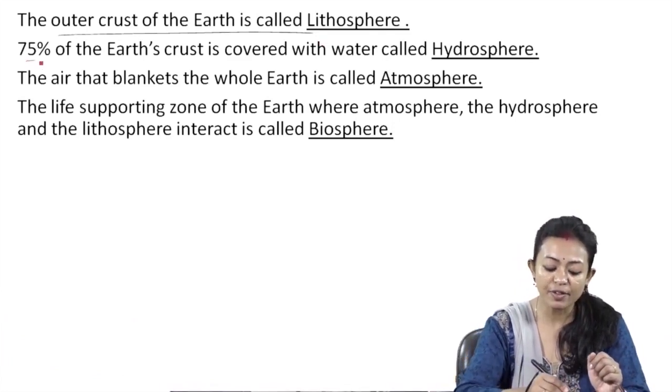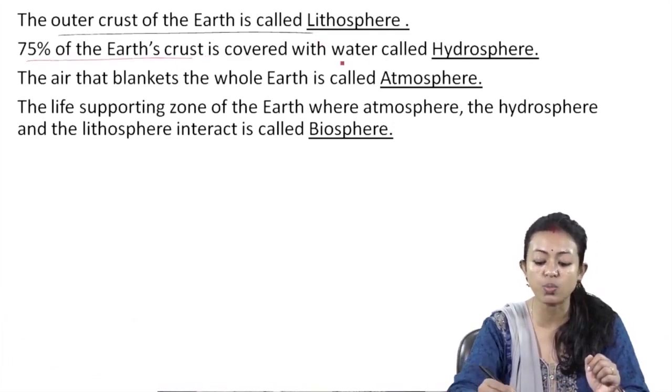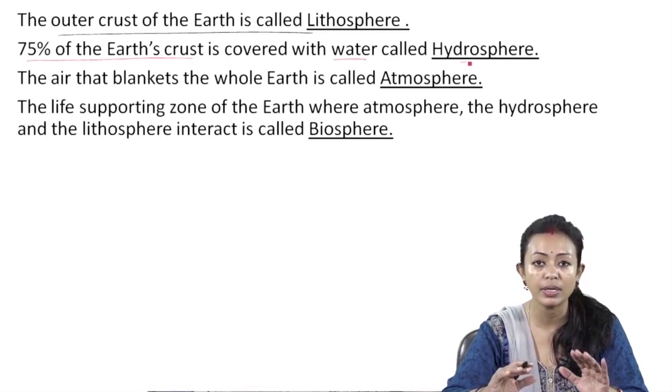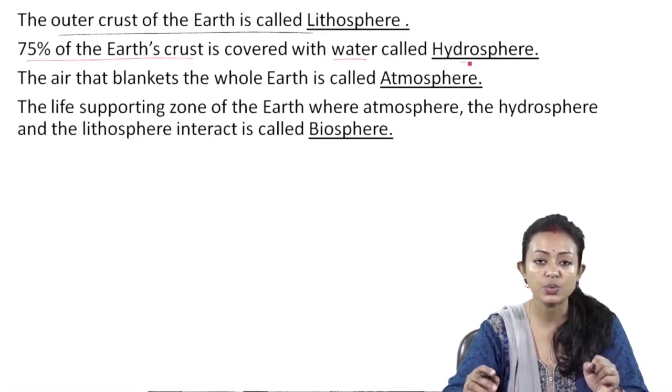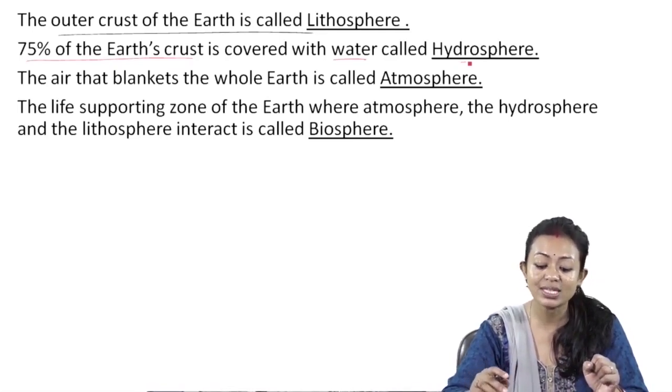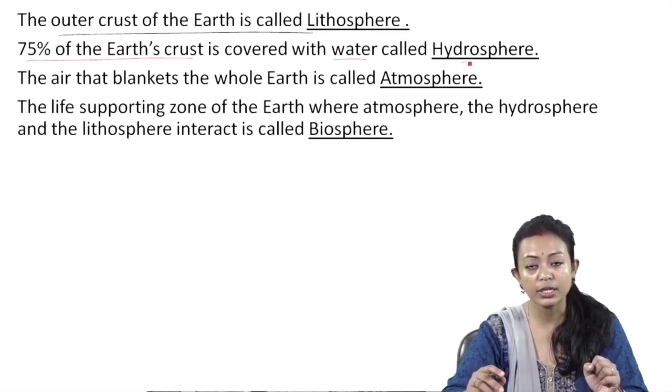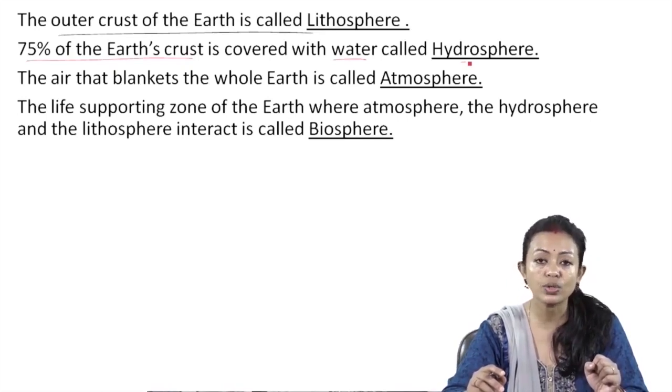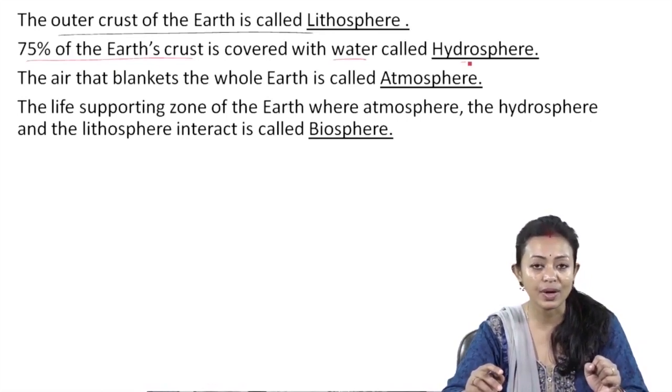Whereas 75% of the Earth's surface is covered with water, and it is known as the hydrosphere. Hydro means water. That means it is a layer covered by water. This layer includes seas, oceans, groundwater, rivers, ponds, lakes, etc. All the water bodies that exist on the surface of the Earth or underground are termed the hydrosphere.